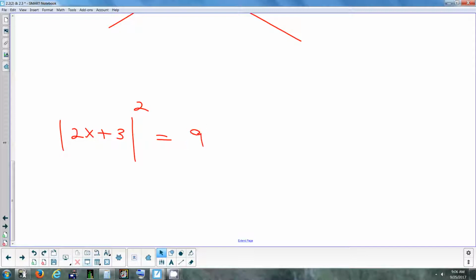But you could have up to 4 solutions, because when you take the square root of each side, you get 2x plus 3 equals 3, and then 2x plus 3 equals negative 3, but that's already the opposite number on the other side. Maybe you would only get 2. We can try that after, but oh, I know why you'd only get 2.